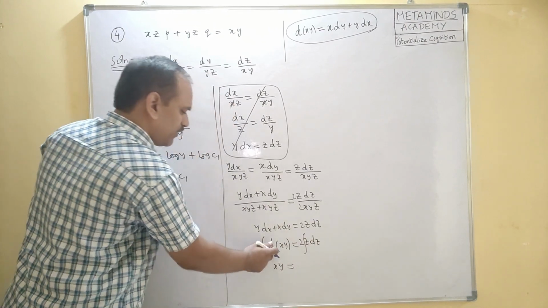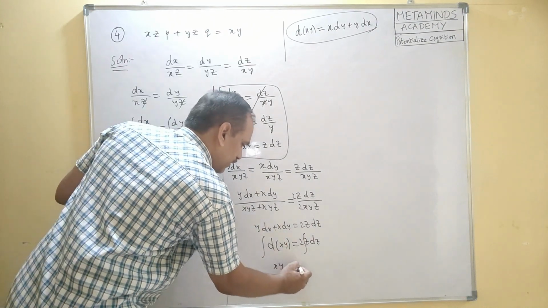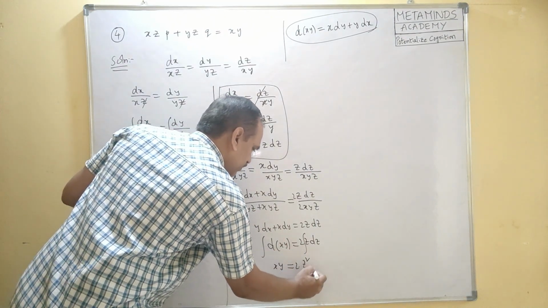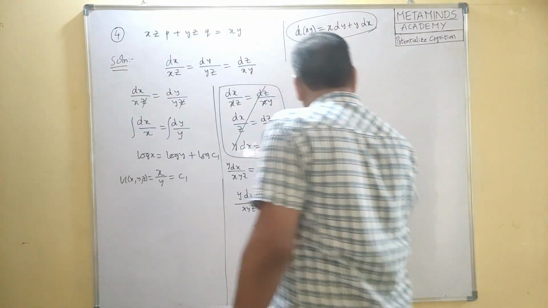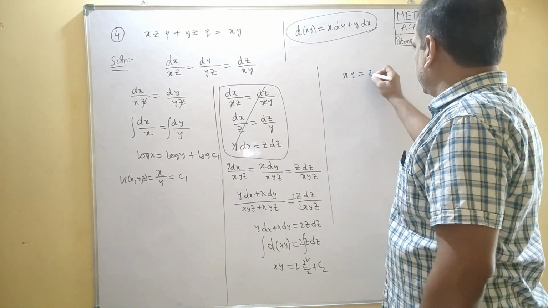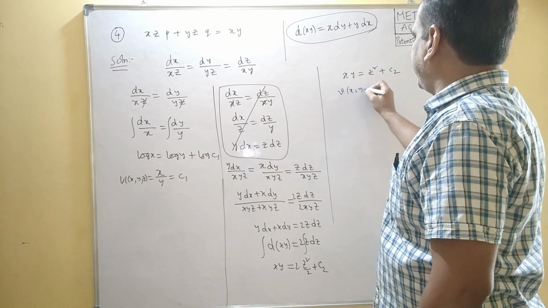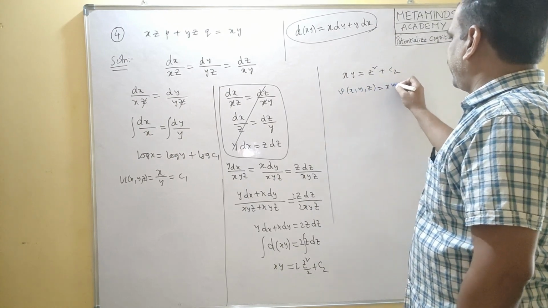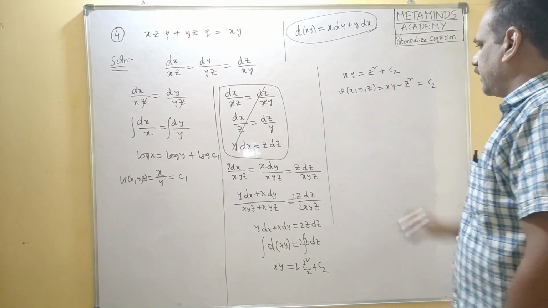Here the integral of the derivative is the function itself, and 2 into z square by 2 plus c2. So we have got the second solution, xy equal to z square plus c2, which is v of xyz is xy minus z square equal to c2.